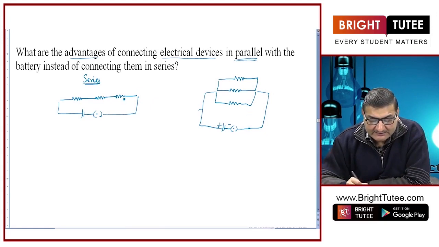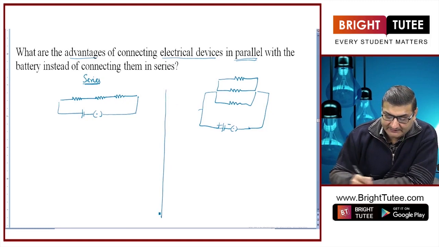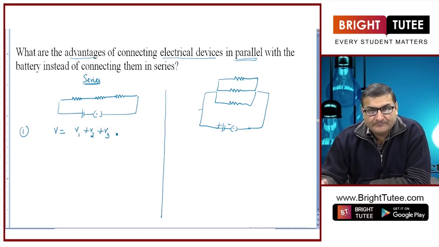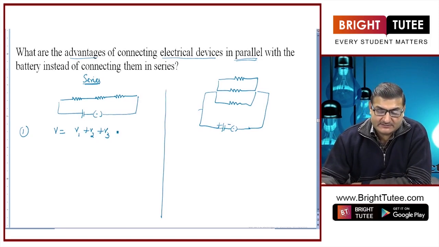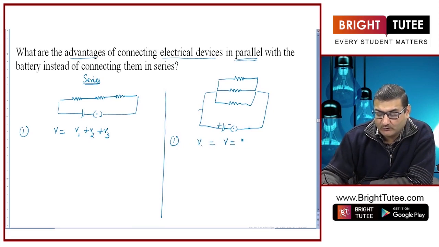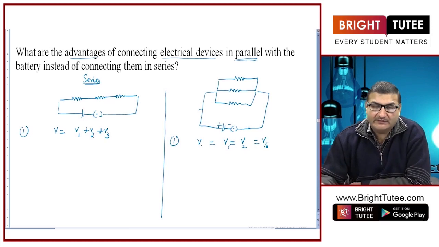If I connect them in series, the difference between them is, when I connect them in series, I know that the potential difference in series is the sum of the potential differences of all the individual resistances, whereas in parallel the potential difference across the circuit was equal to V1 or V2 or V3.